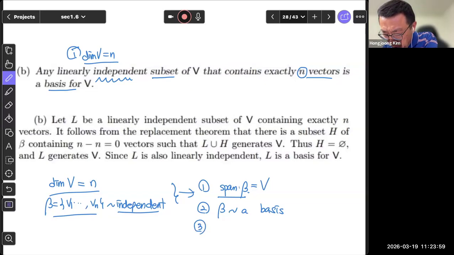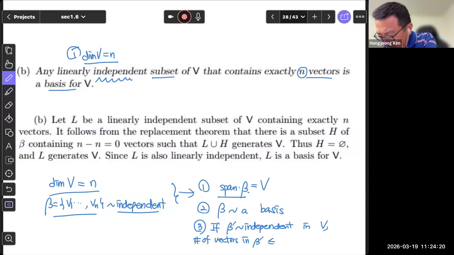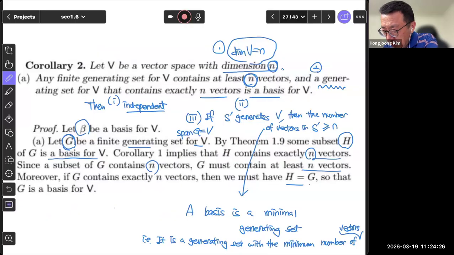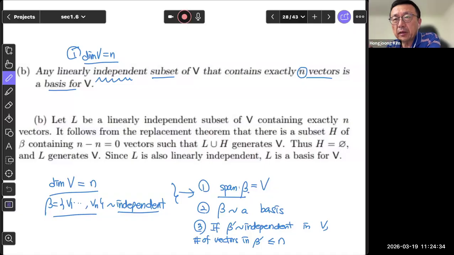And also, if beta prime is independent in V, then the number of vectors in beta prime cannot be greater than n. So previously the number of vectors of a generating set was greater than or equal to n, and the number of linearly independent vectors will be less than or equal to the dimension of the space.